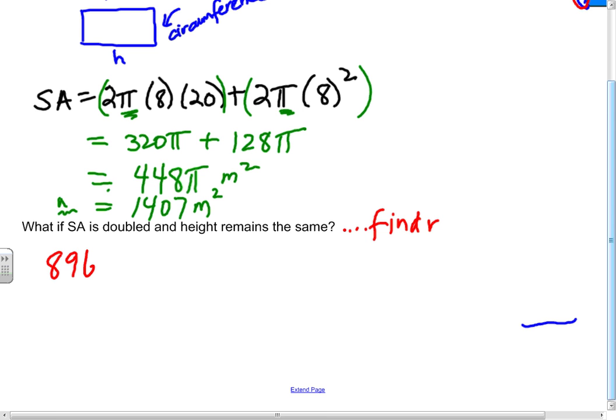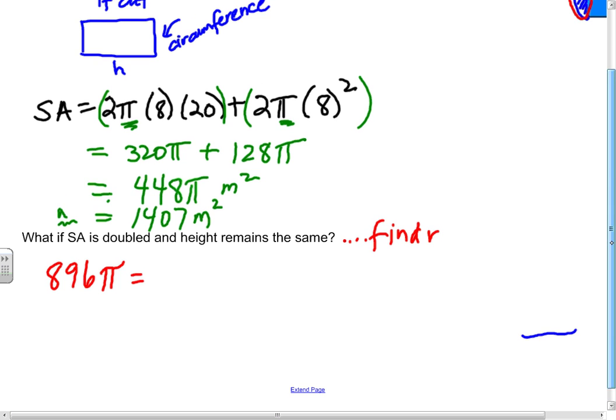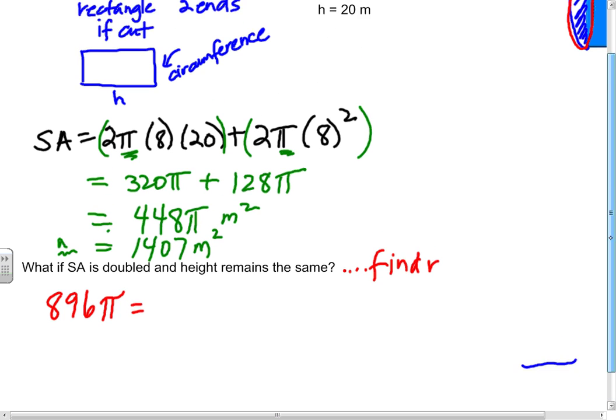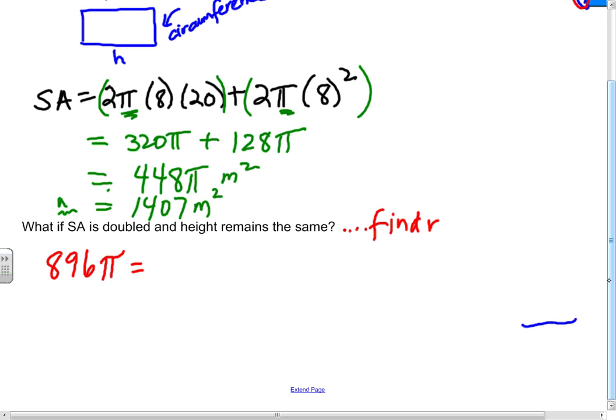And this is an exact doubling because we haven't rounded, so I can say equals. The height remains the same, and the height was 20, and it's the radius that I want to find. So I've got 2 times pi times r times 20 plus 2 times pi times r squared. And I want to solve for r.